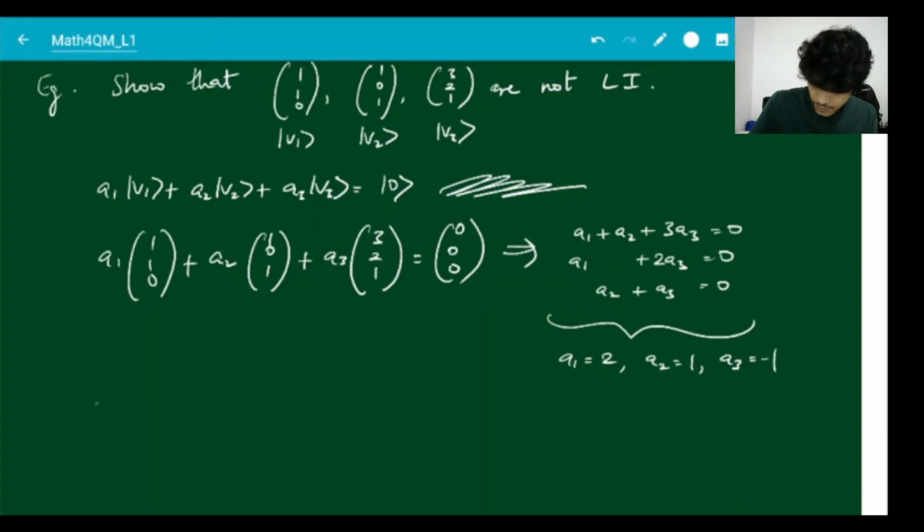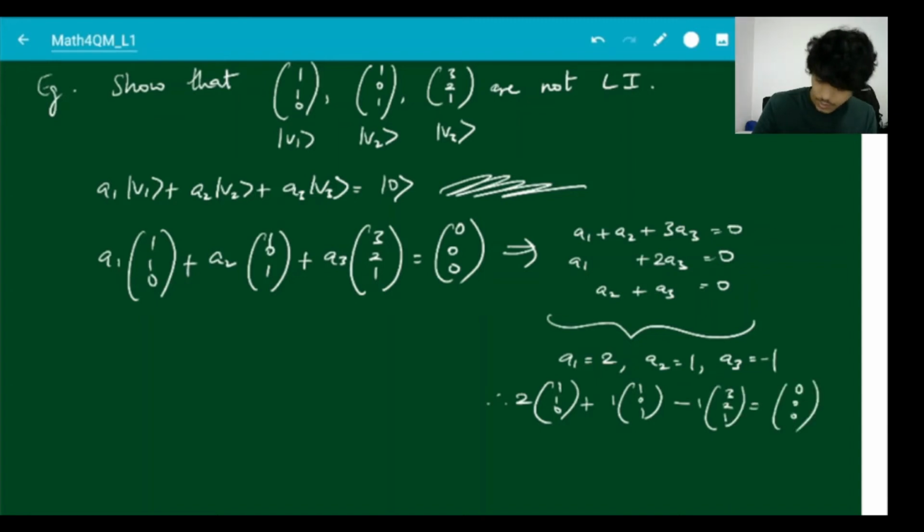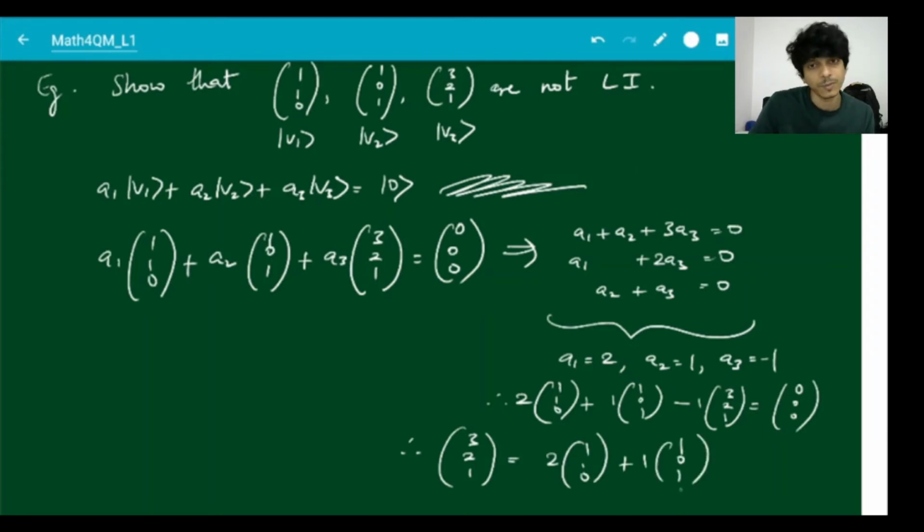What we have got is 2 times (1, 1, 0) plus 1 times (1, 0, 1) minus 1 times (3, 2, 1) is (0, 0, 0). So that means you can write (3, 2, 1) in terms of the others, no? (3, 2, 1) is just 2 times (1, 1, 0) plus 1 times (1, 0, 1). So you can write one of them in terms of the others, therefore not linearly independent.